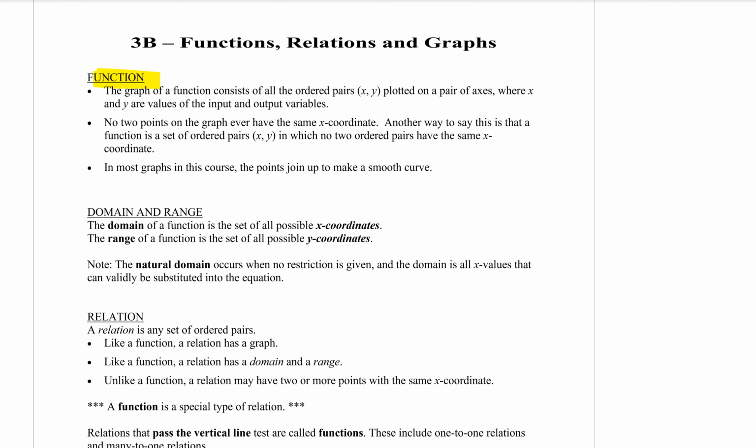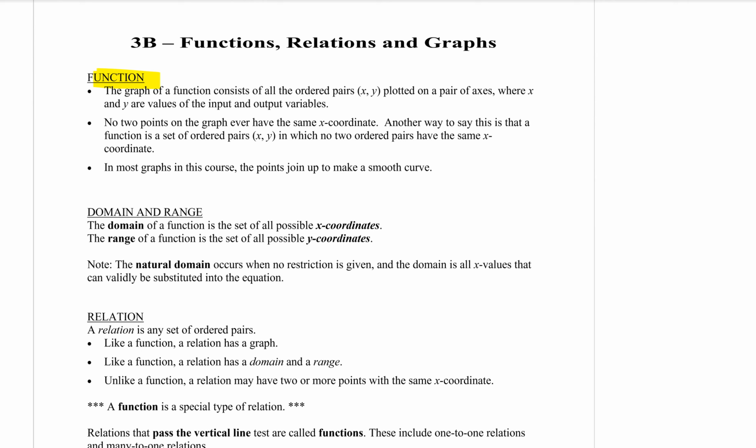That will tell you, when you do that vertical line at an x value, whether you've got 2 y values or not. So if you have 2 y values for that x value, then it's not a function. That's why we have the vertical line test. Okay? A function should only have one possible y value for each x value. In most graphs in this course, the points join up to make a smooth curve, like your straight line, your basic parabola, even your exponential.